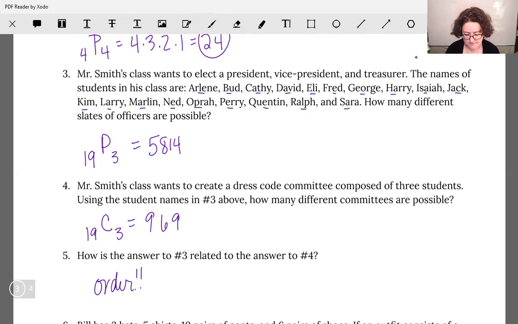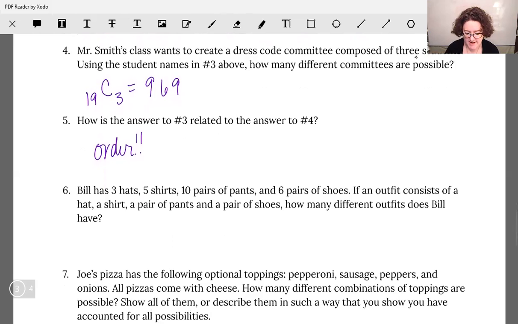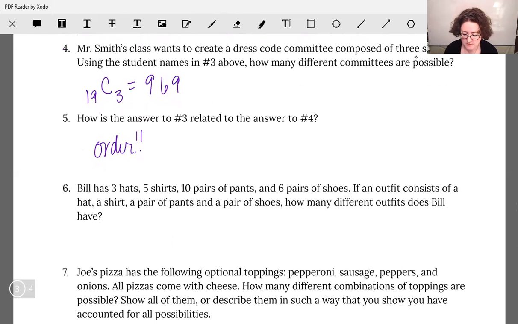Alrighty, number 6. Bill has 3 hats, 5 shirts, 10 pairs of pants, and 6 pairs of shoes. If an outfit consists of a hat, a shirt, a pair of pants, and a pair of shoes, so he has to choose one from each of those groups, how many different outfits does Bill have? So because he has the 4 different categories that he has to choose from, and multiple choices in each one, this is a counting principle problem.